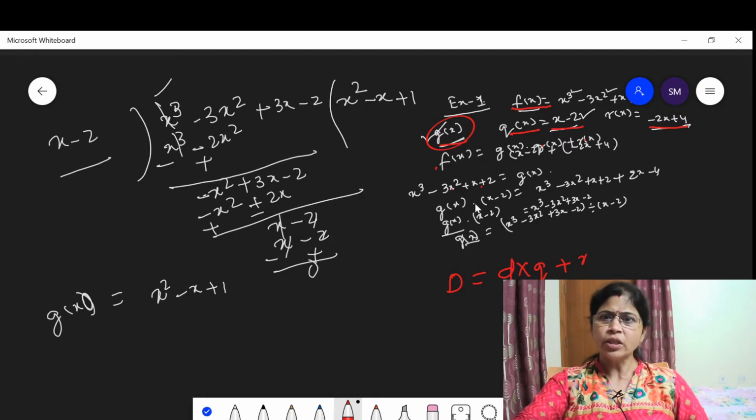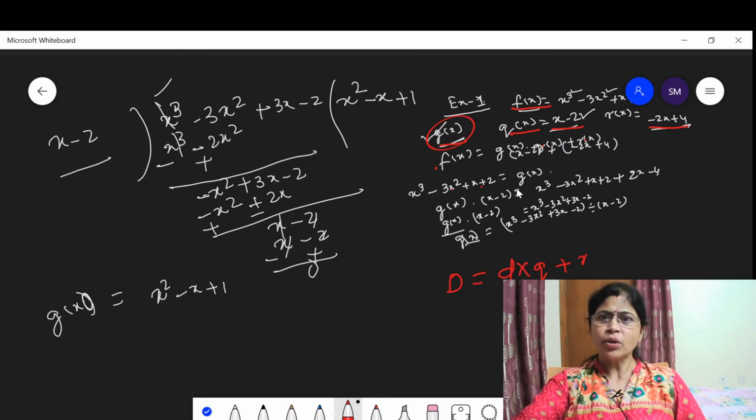Here you have to find g(x). As you know, f(x) is equal to g(x) into q(x) plus r(x). Here g(x) is unknown, q(x) is given as x minus 2, so g(x) into x minus 2 plus minus 2x plus 4.